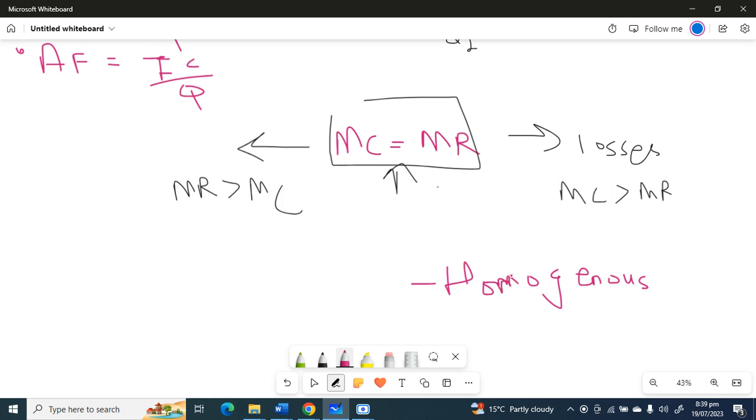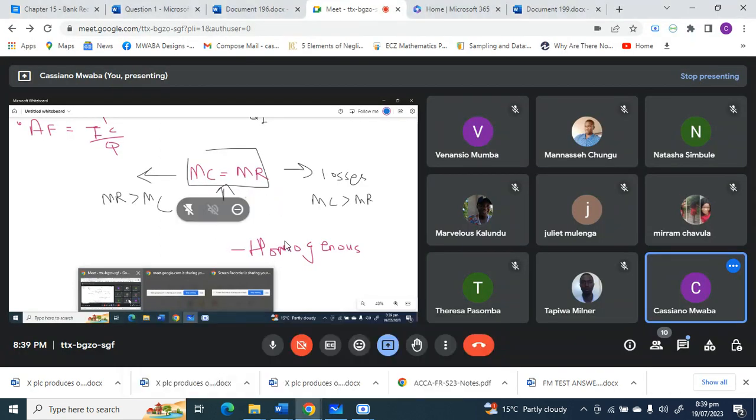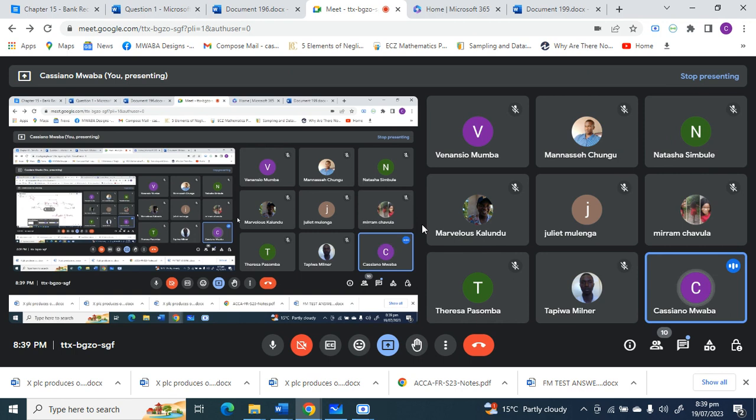Everybody is selling tomatoes, and tomatoes are not different. So that's the first characteristic of a competitive market: firms are selling the same type of goods.